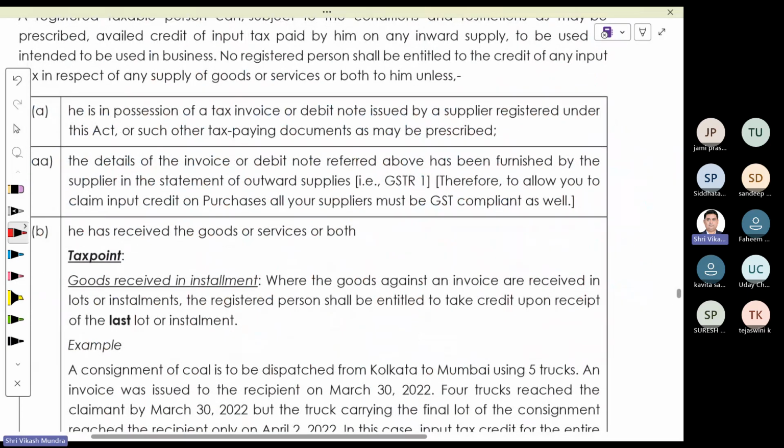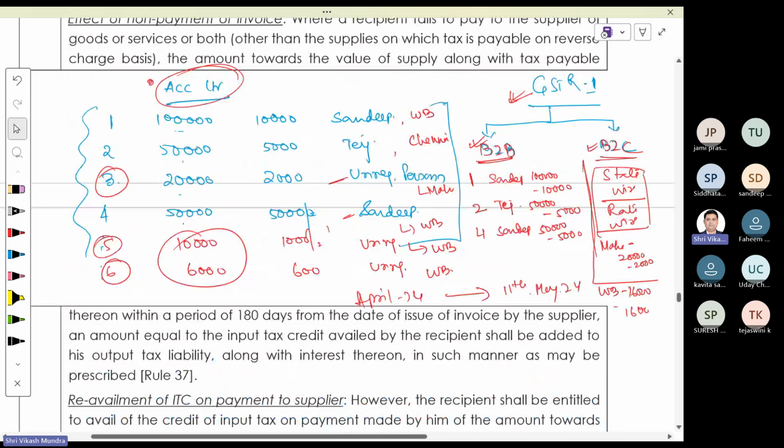Now think about this criterion. The details of the invoice or debit note referred to above. That means Sandeep possesses certain information issued by ACC Limited. That is criterion A. Now think about criterion AA. The details of the invoice or debit note possessed by Sandeep should be furnished by the supplier in GSTR1. Now this second criterion is fulfilled.